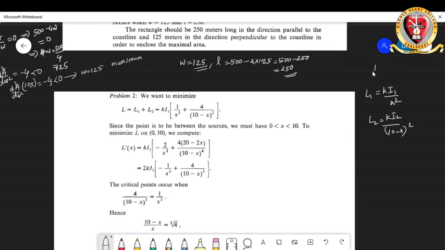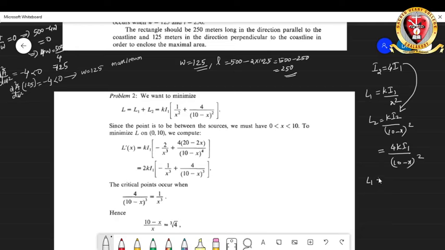Earlier it was said that I2 is equal to 4I1. That is an observation which can be put in here. So you have L2 is equal to 4kI1 divided by (10 minus x) the whole square.